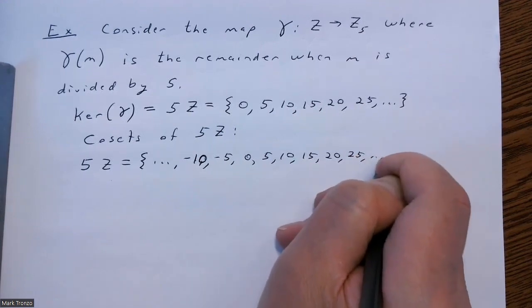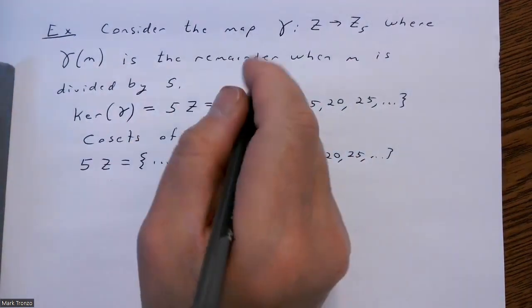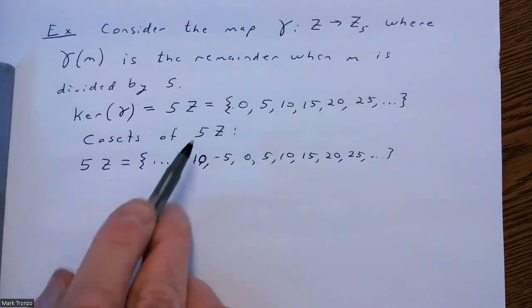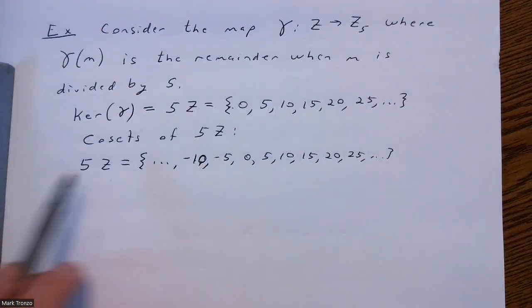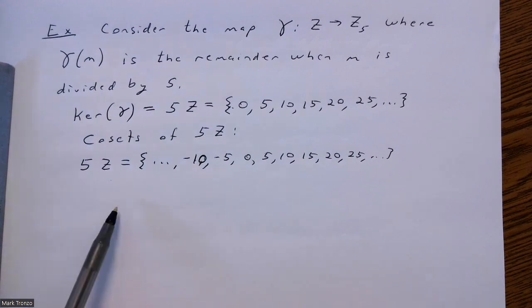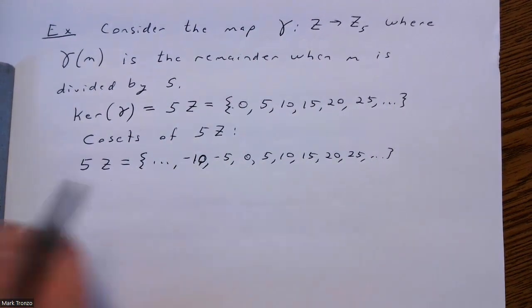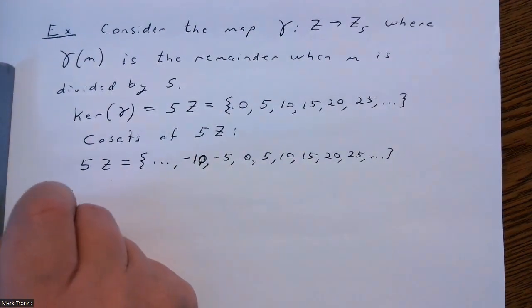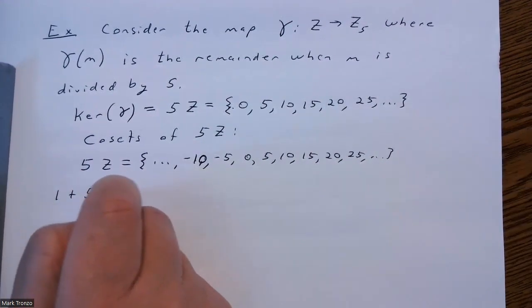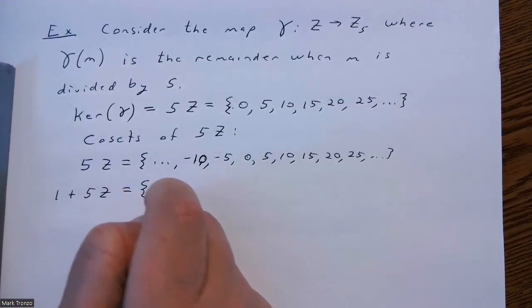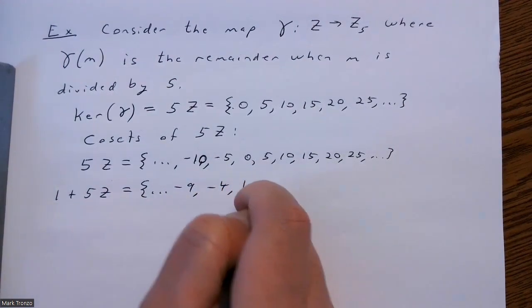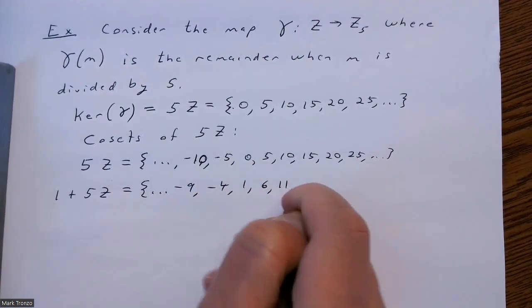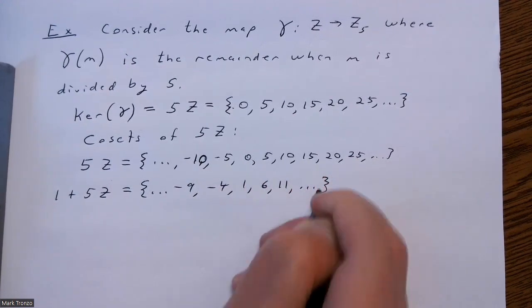If we take 0 plus that set, we're going to get this. If we take 1 plus that set, we're going to get negative 9, negative 4, 1, 6, 11, on forever and ever.